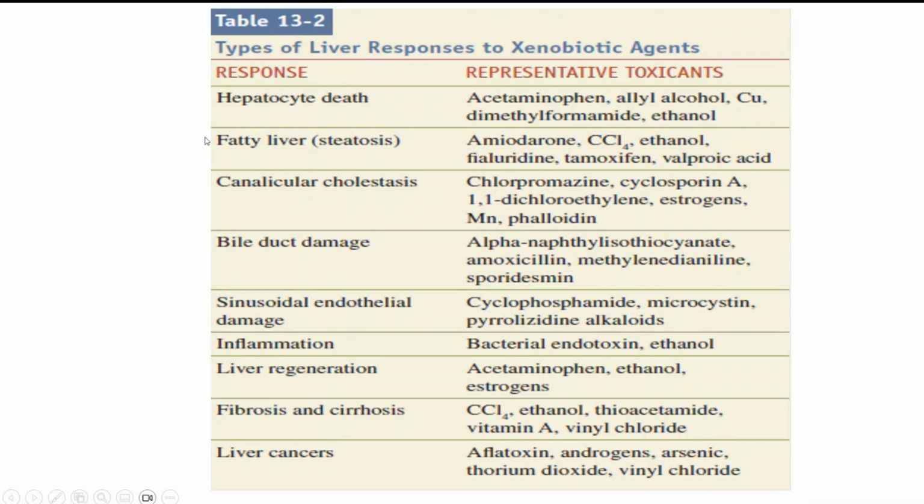Hepatocyte death, fatty liver steatosis, canalicular cholestasis, bile duct damage, sinusoidal endothelial damage, inflammation, liver regeneration, fibrosis and cirrhosis, and liver cancers.